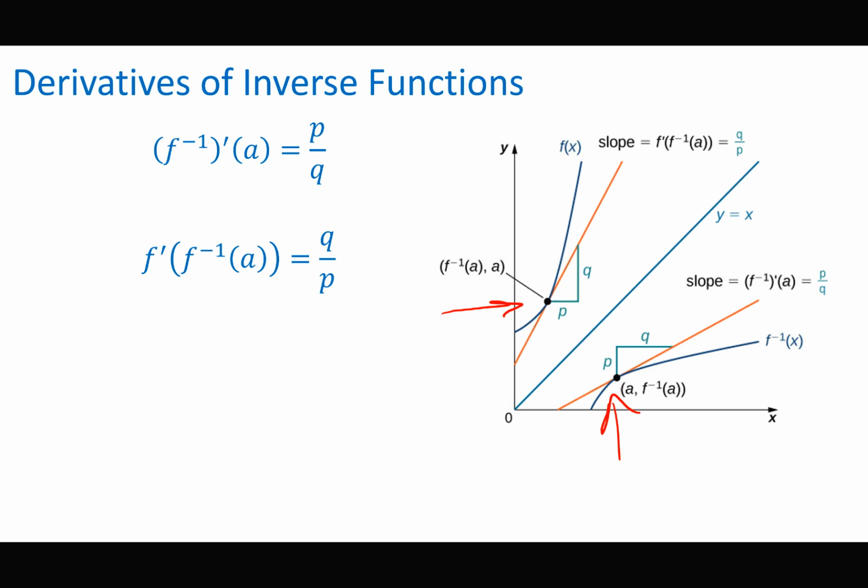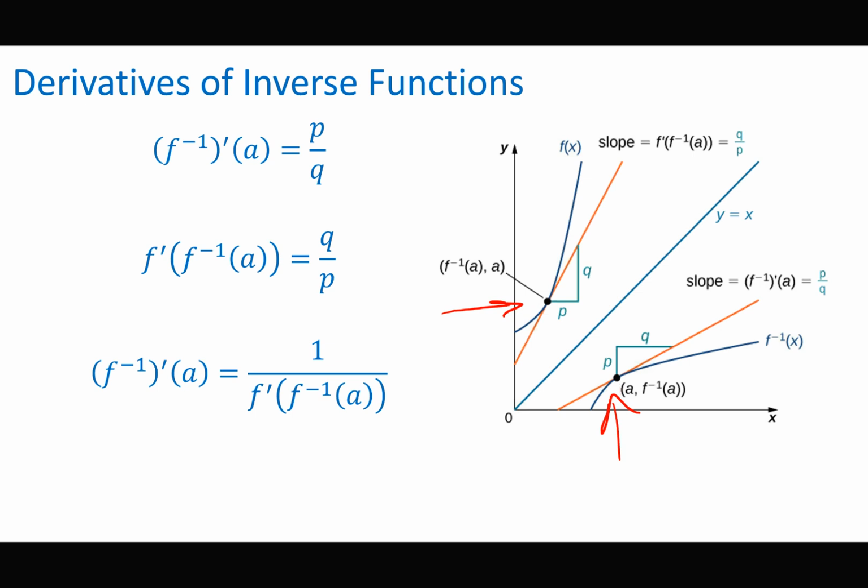So the first one was A comma f inverse of A. And so the inverse function is going to be f inverse of A comma A. So if I wanted the derivative of f inverse of A, I can look at it, rise over run, I'm rising Q and running P. So the slope of that line is Q over P.